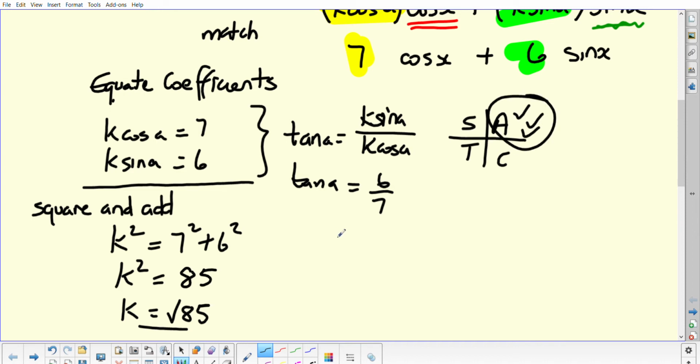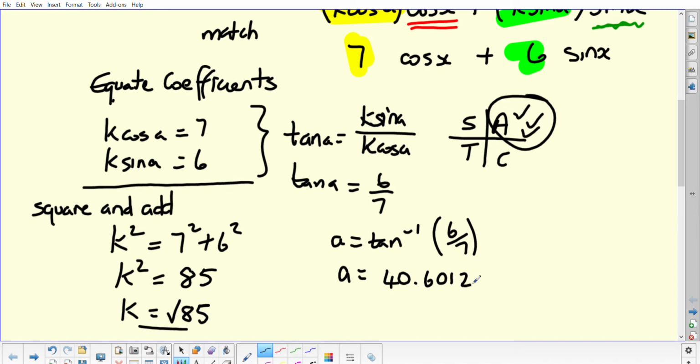So you just need to go to your calculator, knowing that we're in degrees, make sure your calculator's set on degrees. So tan to the minus 1 of 6 over 7 is going to give us 40.60 1, 2, a whole load of other figures. We'll round it to 1 decimal place, so we're going to have 40.6.